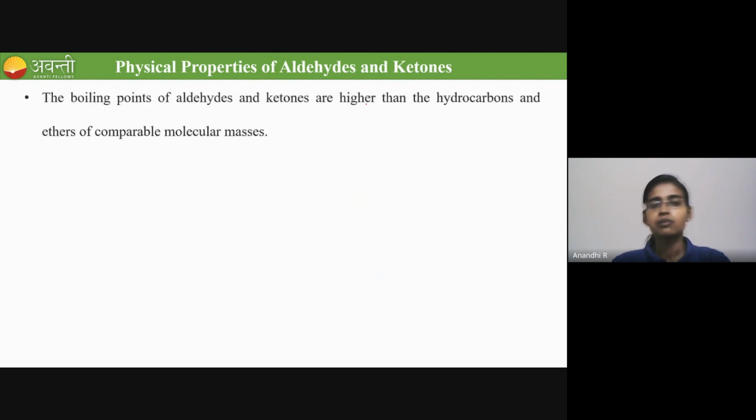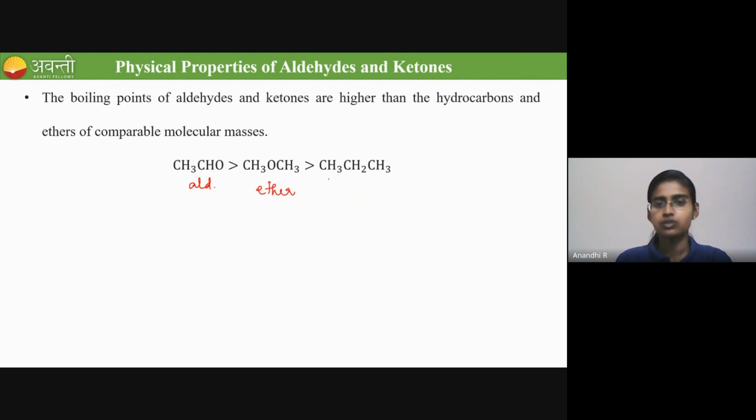And coming to the boiling point, aldehydes and ketones have higher boiling points than the hydrocarbons and ethers of comparable molecular masses. Why is it like that? You see here. So this is the aldehyde, 2 carbon containing aldehyde, and this is the ether. Ether means ROR, which you might have studied, and this is the alkane part, hydrocarbon. Okay.